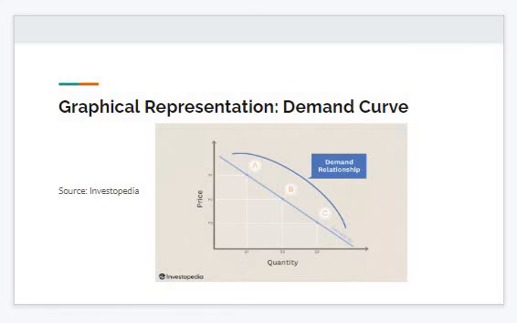Point A on the graph indicates quantity demanded is OQ1 at price OP1. Similarly, point B indicates quantity demanded is OQ2 at price OP2. And similarly, point C indicates quantity demanded is OQ3 at price OP3.